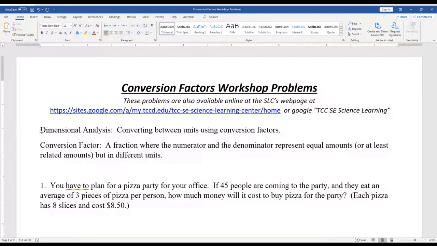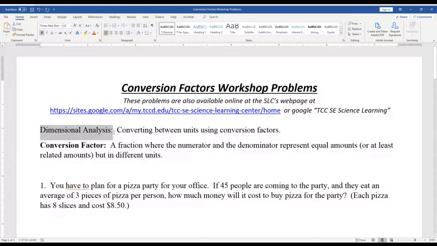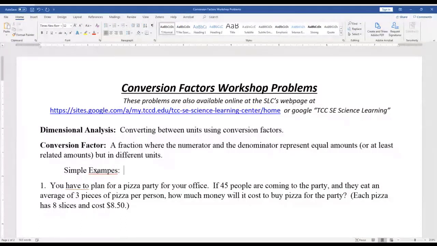So let's take a look at some of these more simple examples. For example, we know that anything you can set equal to something else, you can use as a conversion factor.